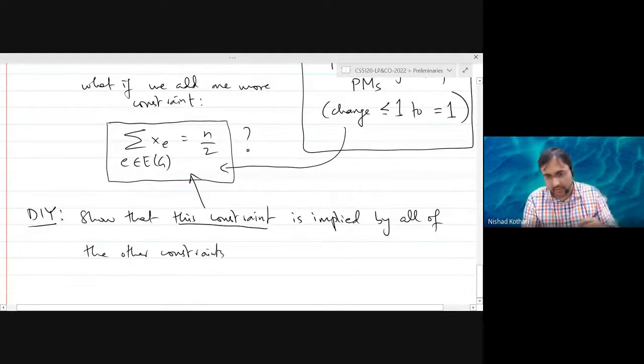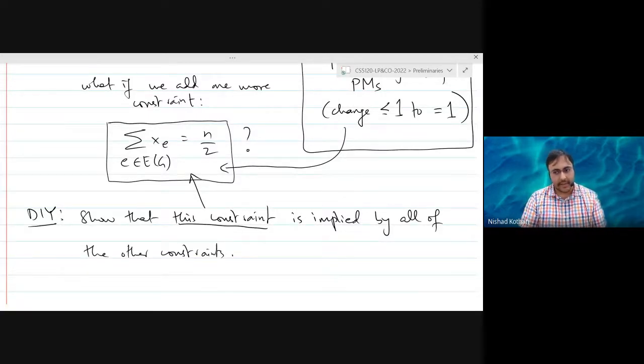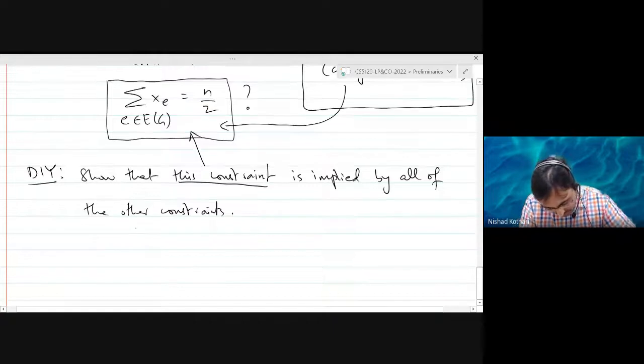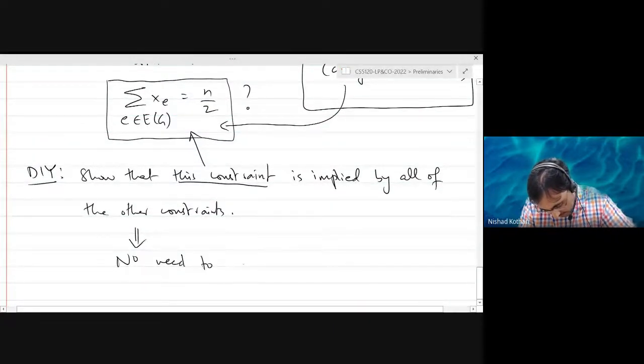In case you're not convinced, please try this exercise. And if you're unable to do it, just discuss on Piazza. Okay, so because this constraint is implied by all of the other constraints, we are not going to add it because it's a redundant constraint. It doesn't change the set of solutions to the system that you have written down. Okay, so because of this, no need to add this.